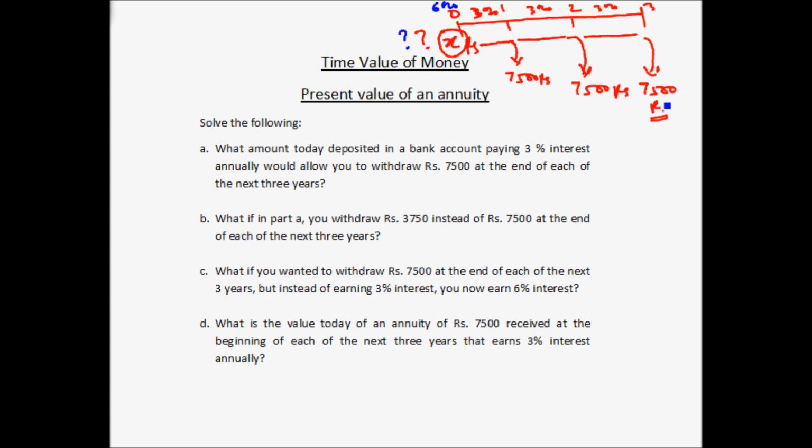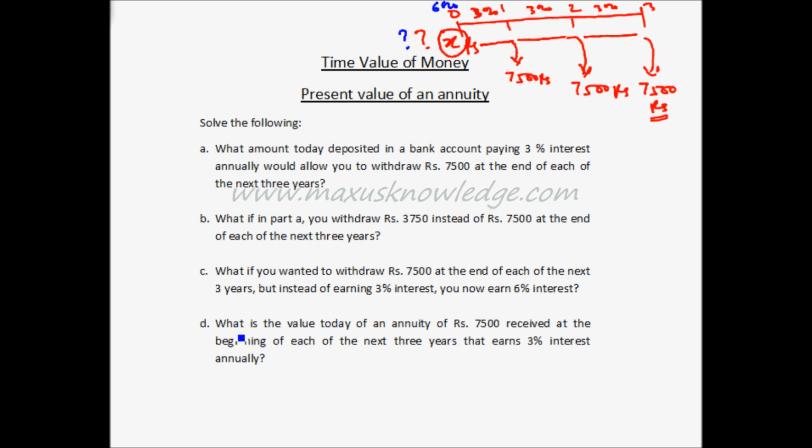The withdrawal amount is the same, the interest earned is more, so definitely we have to deposit a lesser amount if we are earning more interest. So we have to find the actual value of X in that case.